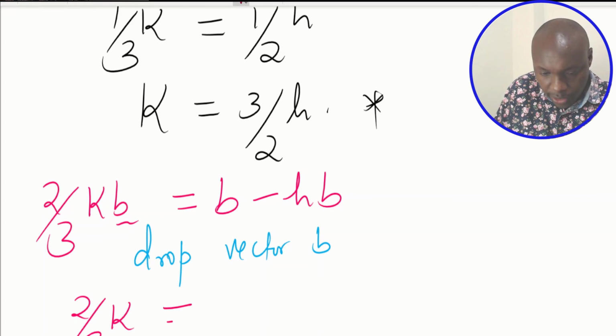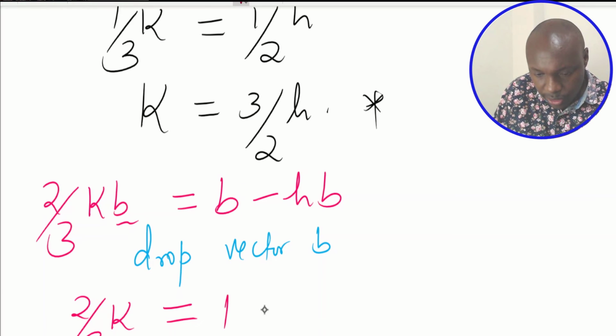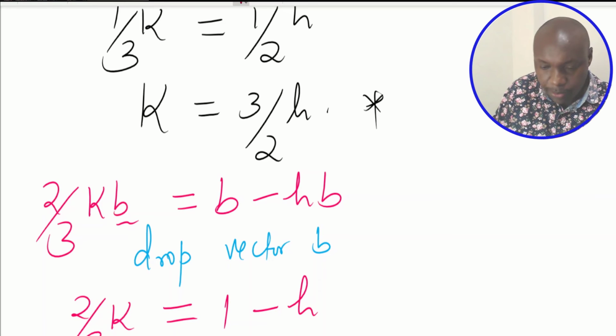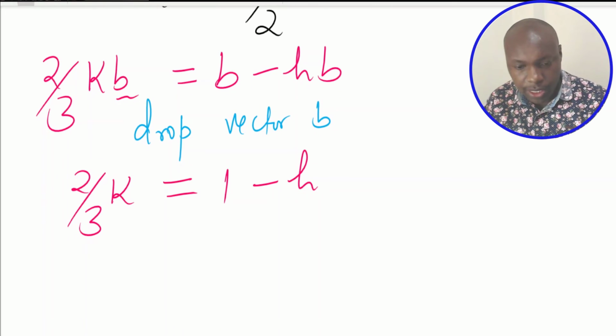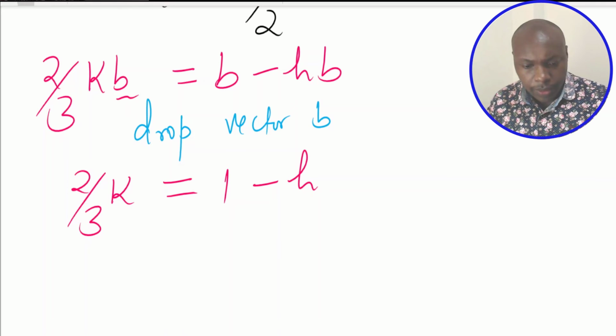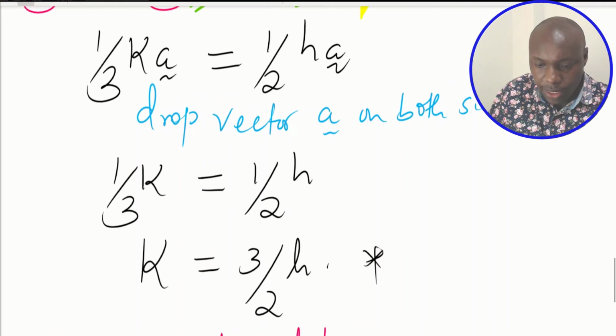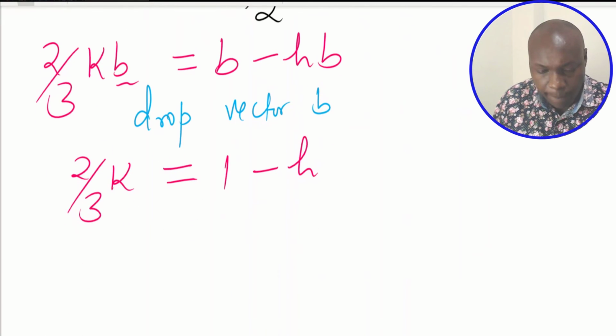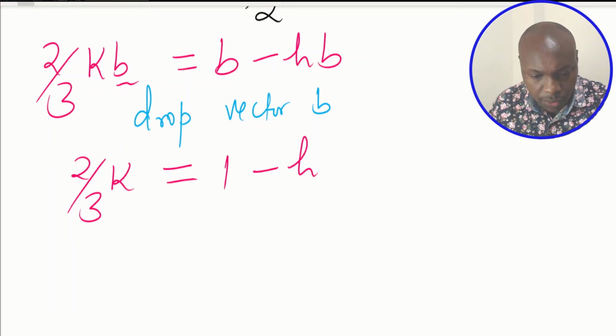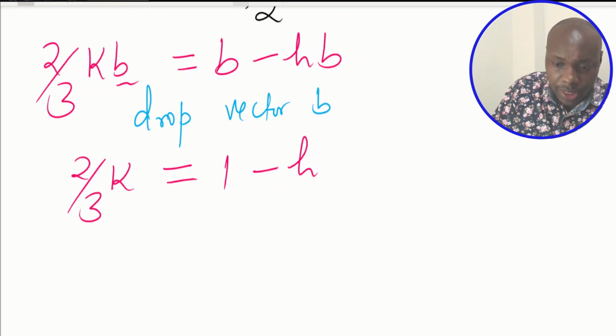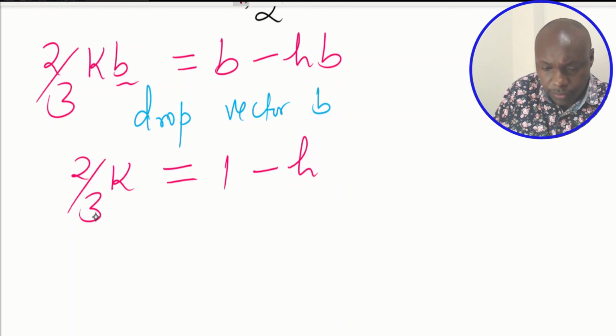2/3 K is equal to, dividing these, you get 1 minus H. So we're simply dividing every term by vector B, or dropping vector B. Since in the first one we made K the subject, we can also make K the subject here. To do that, we multiply each term of this equation by the reciprocal of 2/3, which is 3/2.